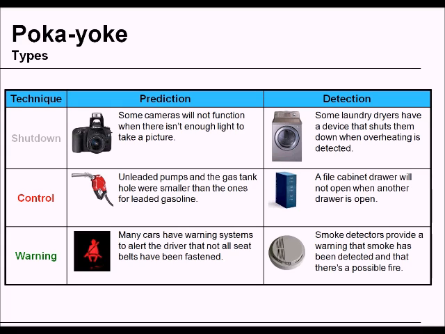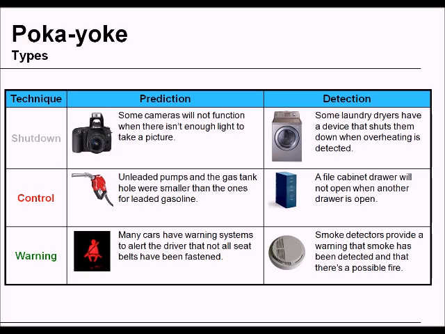That's detection. Unleaded fuel pumps can't fit into leaded gasoline tanks. That's another way of preventing errors from happening. The file cabinet drawer will not open if another drawer is already open. That's all preventing things from happening.